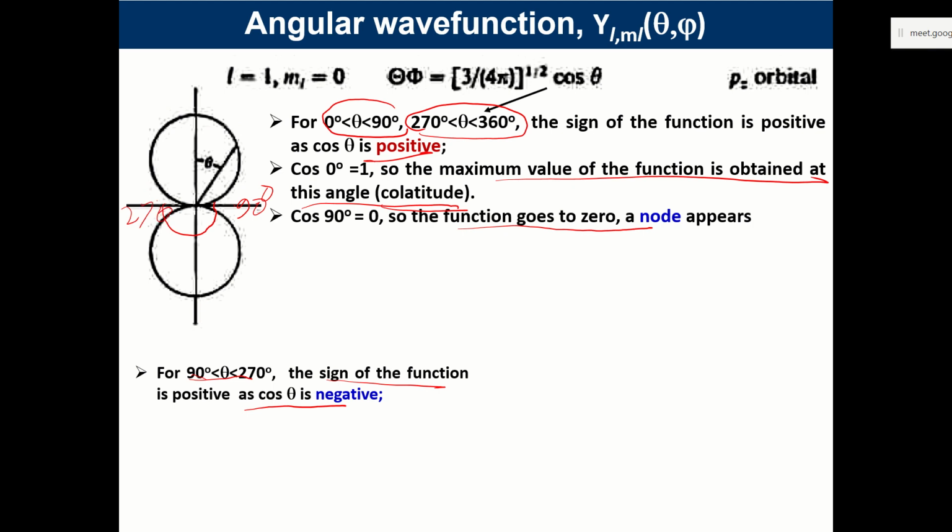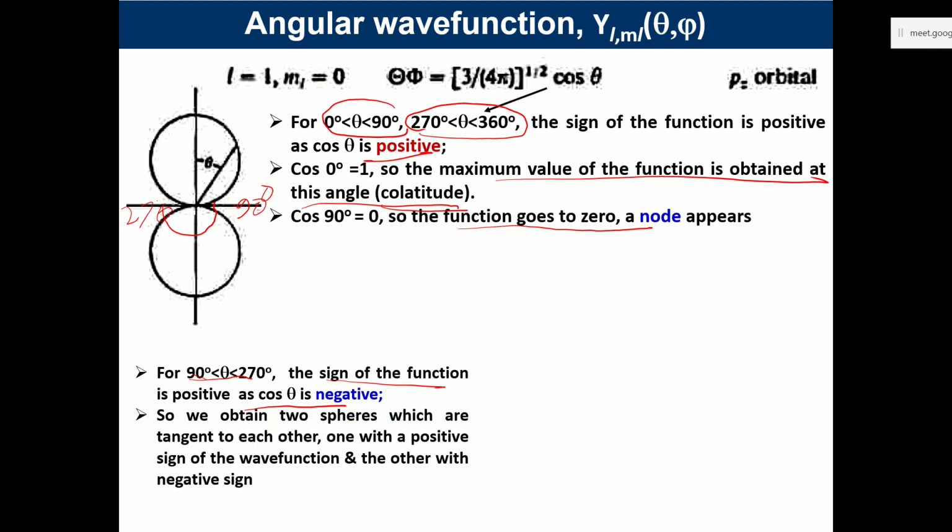From 90 to 270, cos theta is negative, and so we obtain two spheres which are tangent to each other. So two tangent spheres, that's how we draw a p orbital. We said wave functions, you will see, why the dumbbell comes in all this, we will tell later. In a short while from now we learn how the dumbbell comes in.